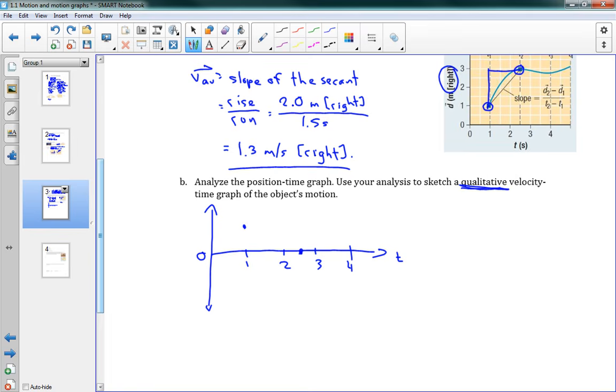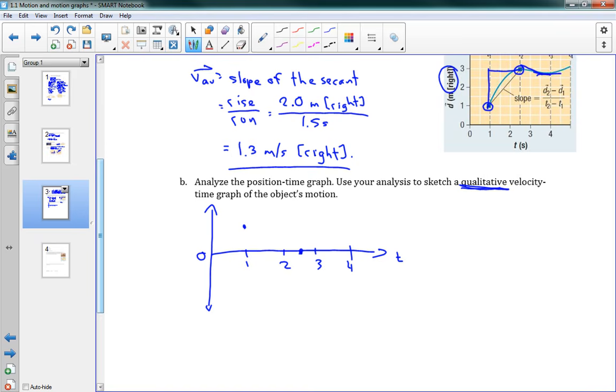Okay, after that you can see it continues decreasing for a little while, but pretty quickly it's sort of leveled out and it gets to 0 again. So that means that by time 4 seconds it should be hitting 0 again. So here we've got another 0, and then it starts increasing again.